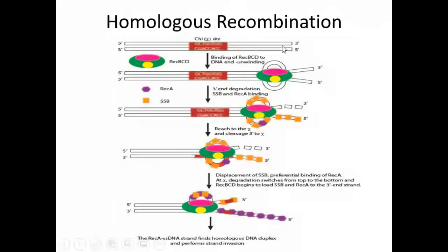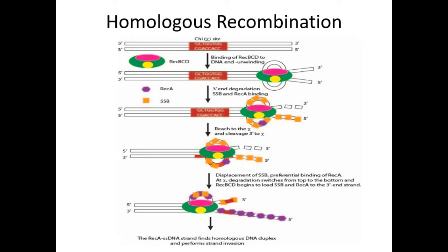They bind and then cleave it at the chi site. And then the RecBCD protein can produce a single-strand tail, and this tail will be coated by the RecA protein. That allows the tail to invade a double-strand DNA duplex and search for the region of homology. And then they will create a displacement D loop.